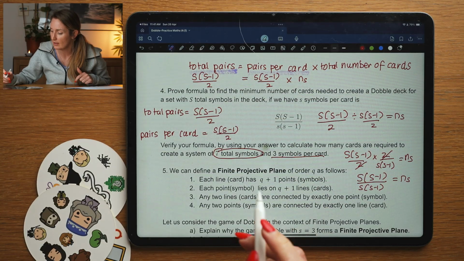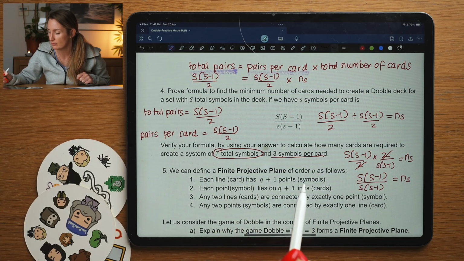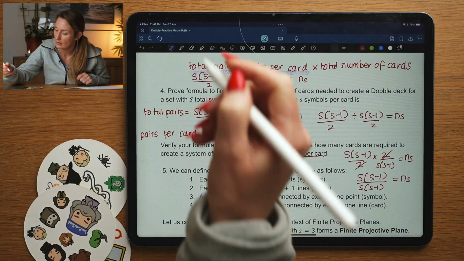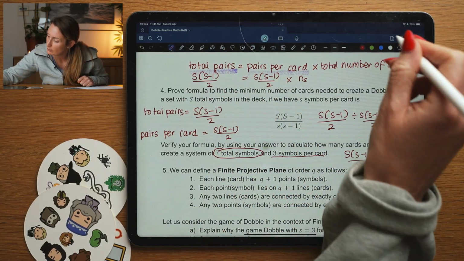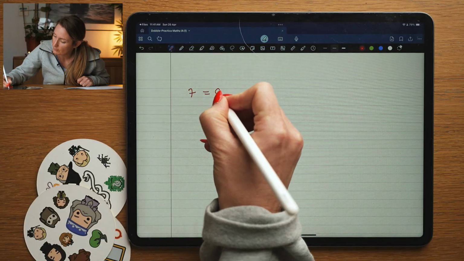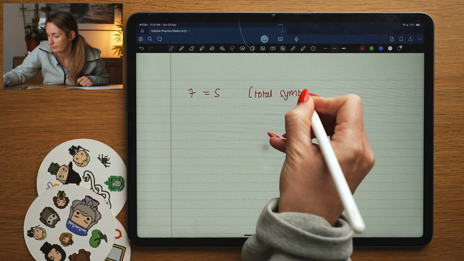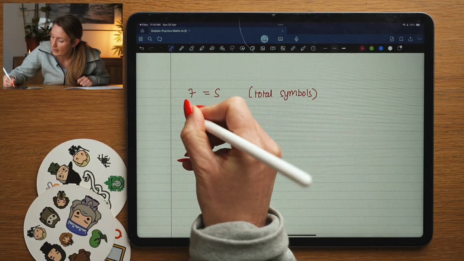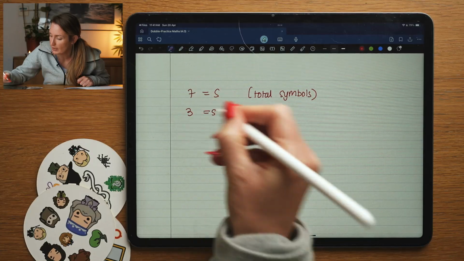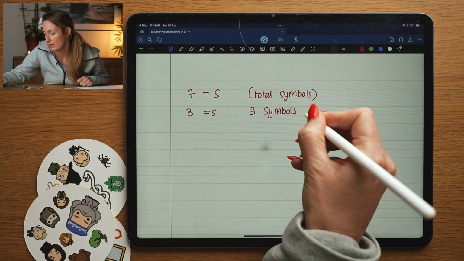So in this case, if we had 7 total symbols and 3 symbols per card, we've got 7 is equal to big S, that's your total symbols. And then we have little s equals 3, which is 3 symbols per card.